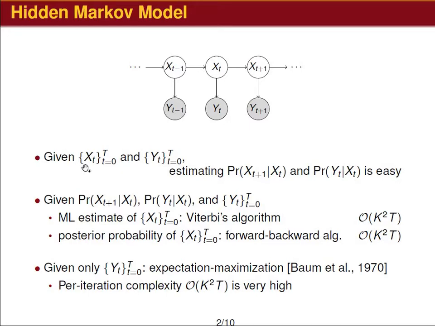If we observe both the latent variables and the ambient variables, then estimating the probabilities becomes very easy. If, on the other hand, we're only given the model parameters and the observations, then we can infer the maximum likelihood estimate of the latent variables by the Viterbi algorithm, or get the entire posterior probability using the forward-backward algorithm.